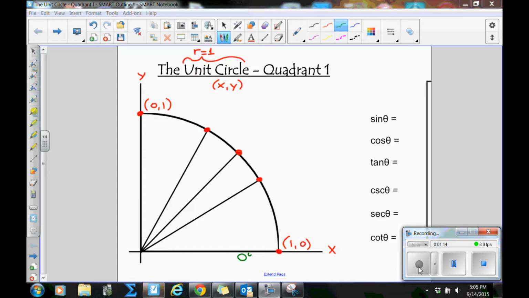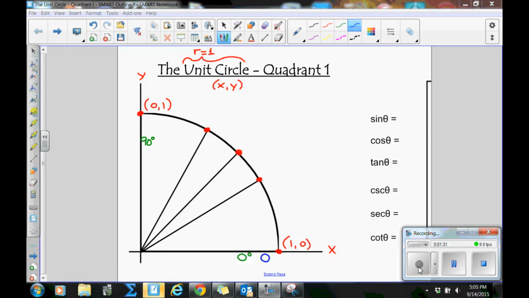An angle that lands on the x-axis is a 0-degree angle. A quarter of a circle is a 90-degree angle. 0 degrees is the same thing as 0 radians.